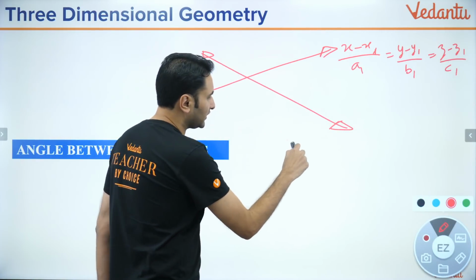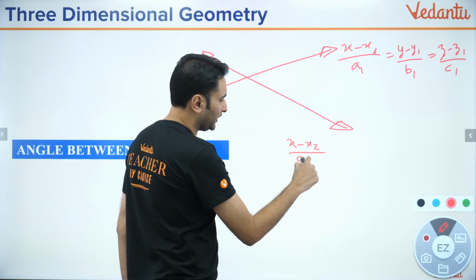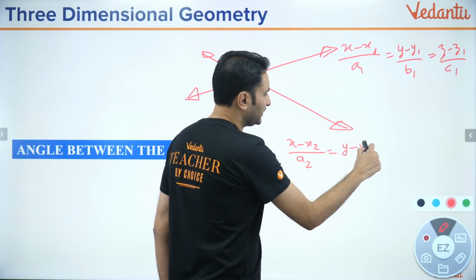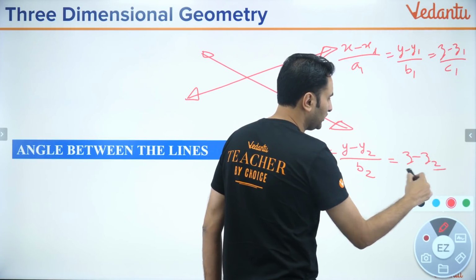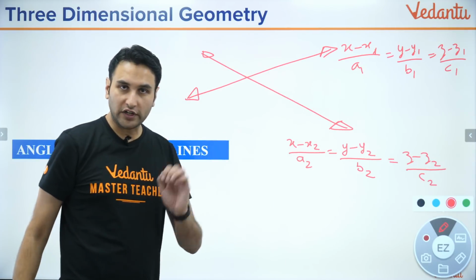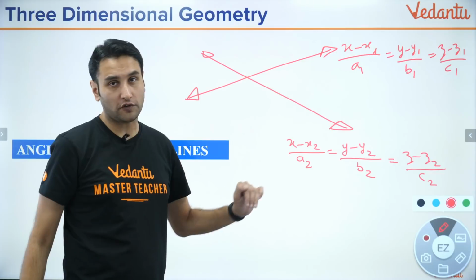If the other line is written as (x minus x2)/a2 = (y minus y2)/b2 = (z minus z2)/c2. Important to note here बच्चों is you know the direction of both the lines.